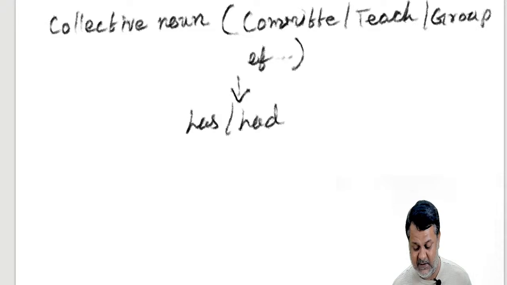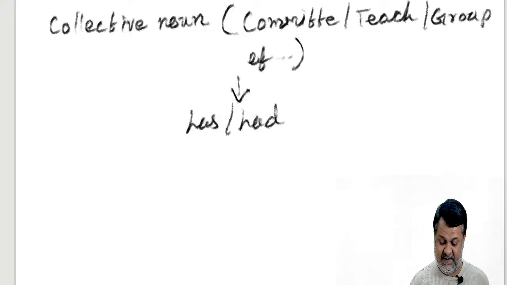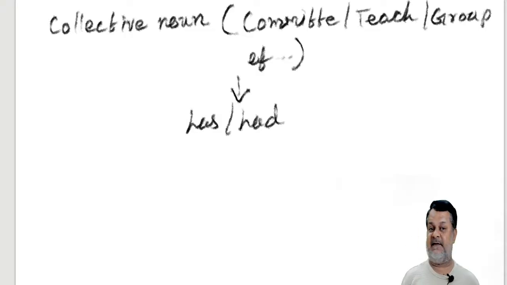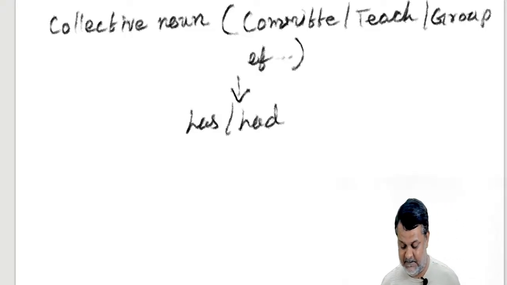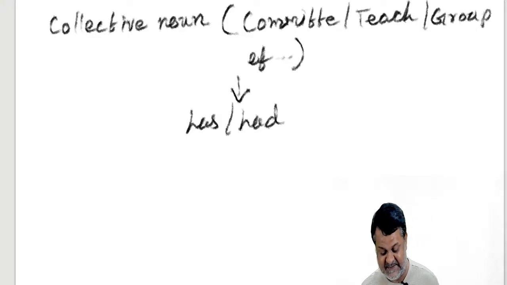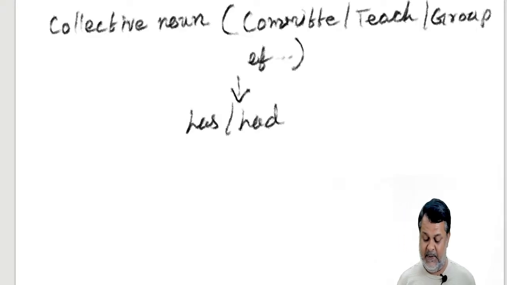Something like good, better, best. Good is positive degree, comparative is better, superlative is best, or little is positive, comparative is less, superlative becomes least.